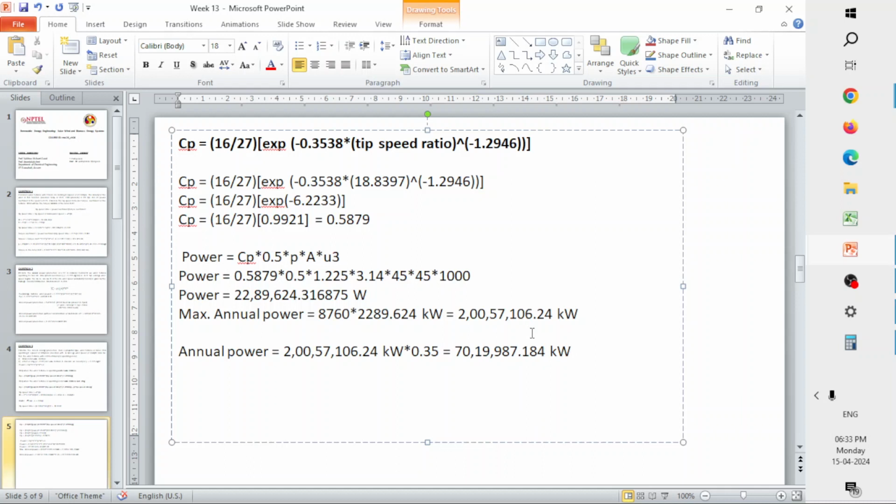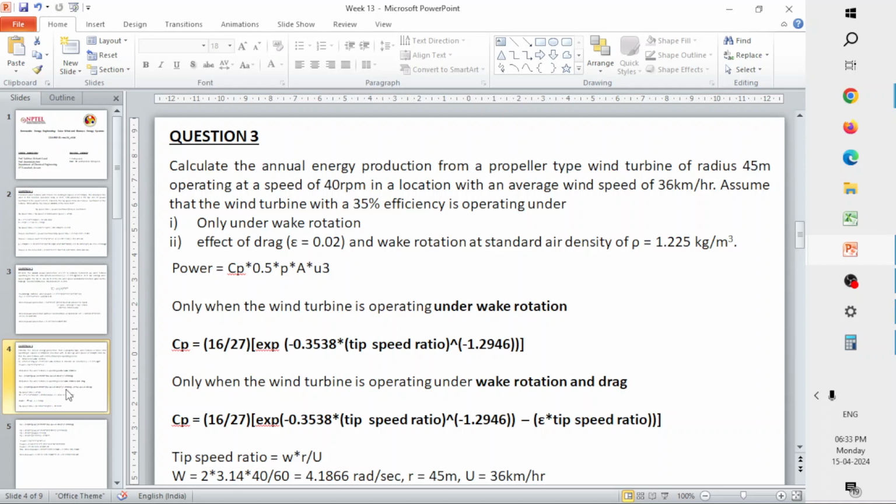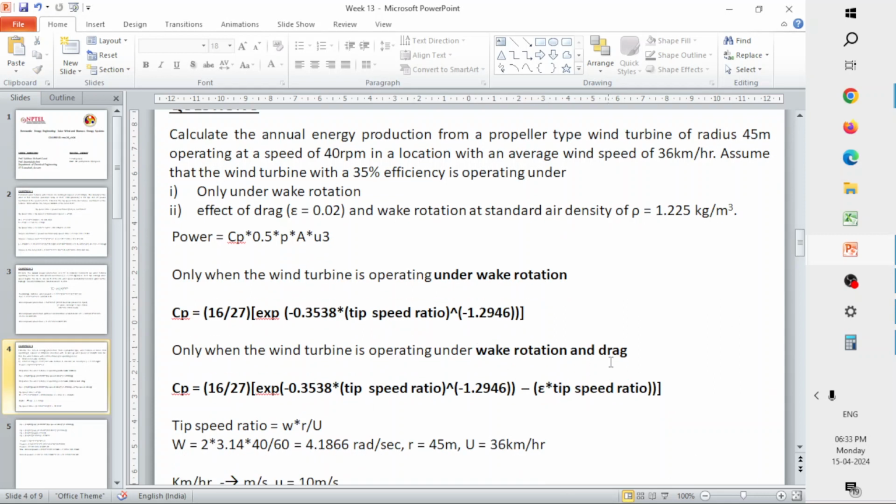So this is for if there is only wake rotation. If you have both wake rotation as well as drag in the picture, then in that case you need to use these correlations.